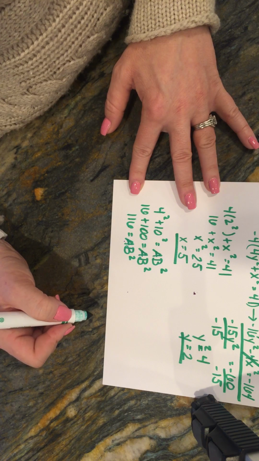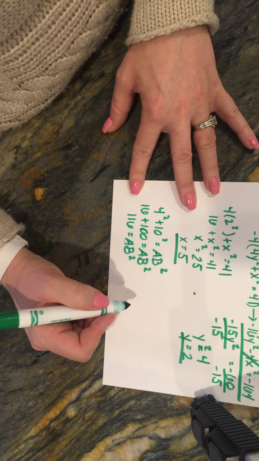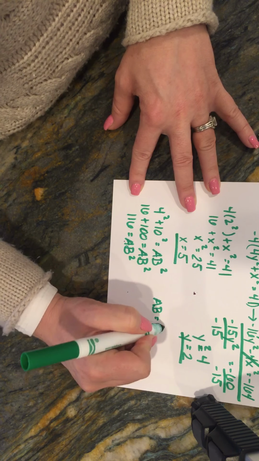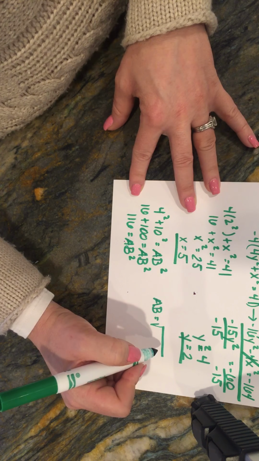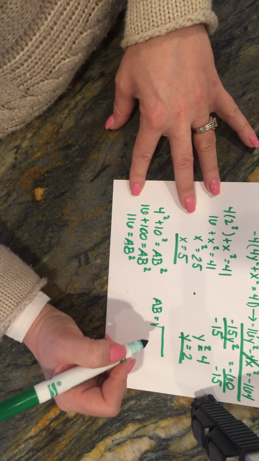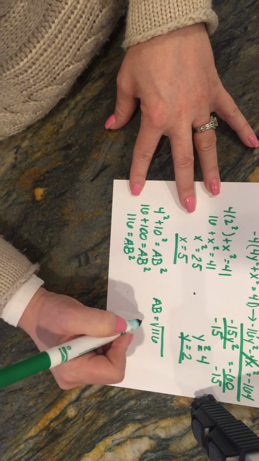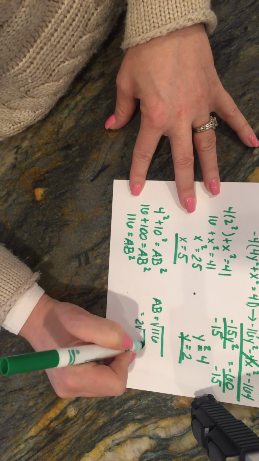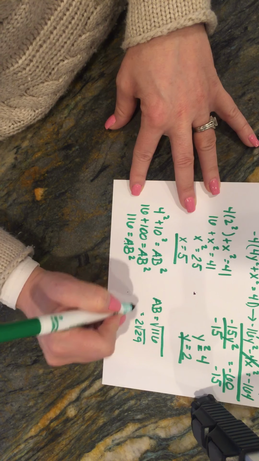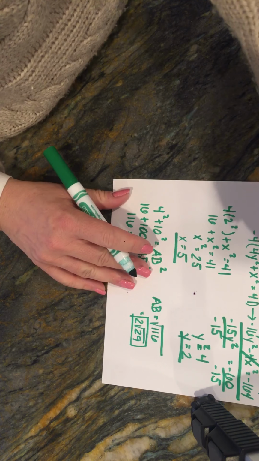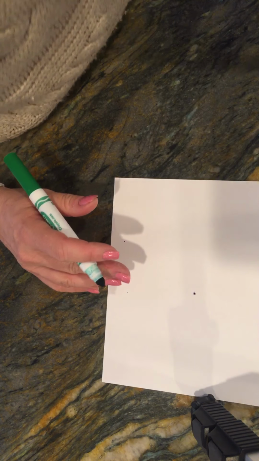And take your square root, so that gives us AB equals the square root of 116, which does simplify a little bit further. So 2 square root of 29. There we go. So that was 32. That was the long, hard algebra problem.